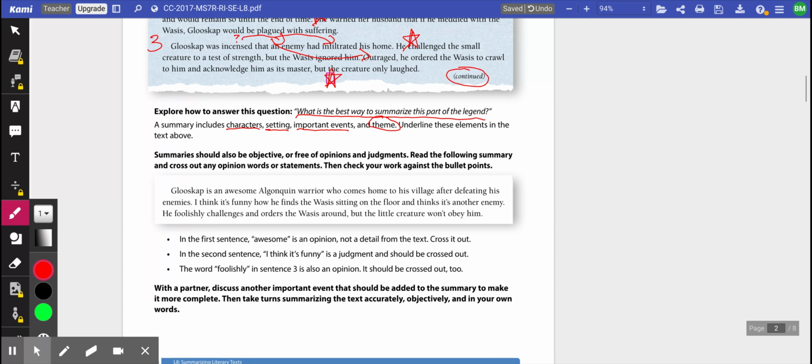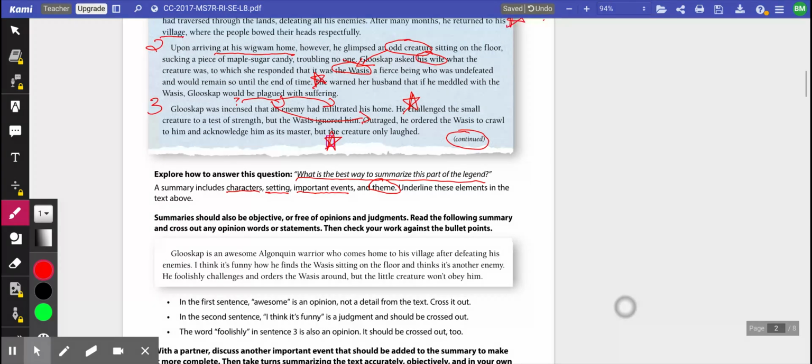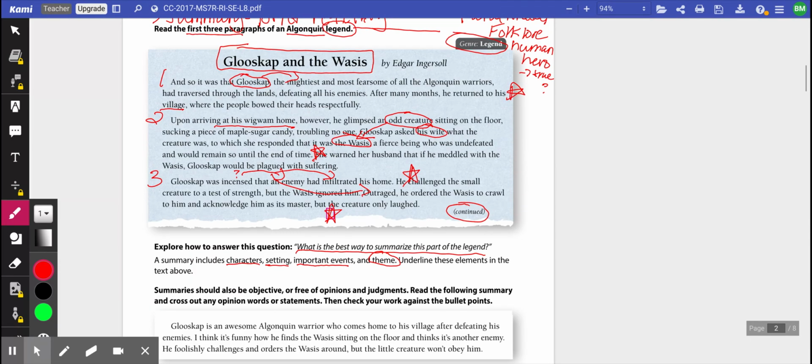So other things we want to say, our next part of this is that summaries should be objective. Okay, so that means that there's no opinions or judgments. So I'm going to read this summary, and as we read it, I need you to make sure you're crossing out those opinion and judgment words. Okay?